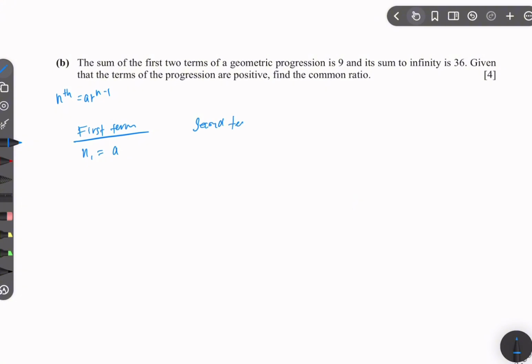And then the second term, it would be ar, because when n is equal to 2, the power will be 1. So r to the power of 1. From the question, we know that the sum of the first two terms is 9.